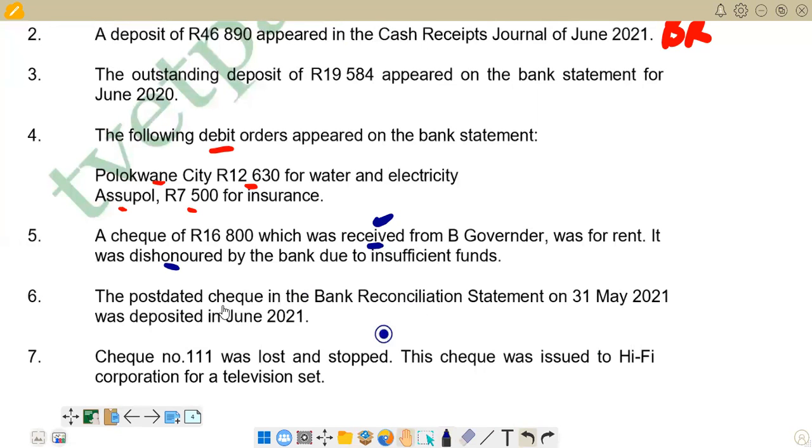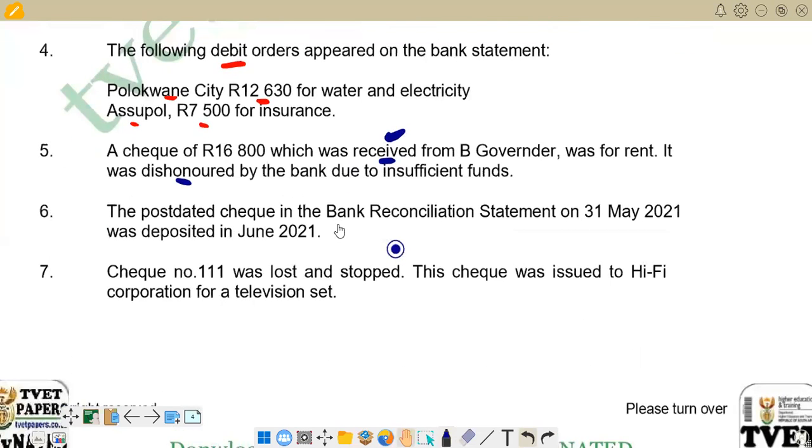In the journals it was already there, but in the bank statement it was not there. When it was deposited, it was processed in the bank statement. So it's now there in the journals and on the bank statement. It's not going to affect either of the two, because it's now there on both sides. So we can skip it. There's no effect, so we go to the next one.